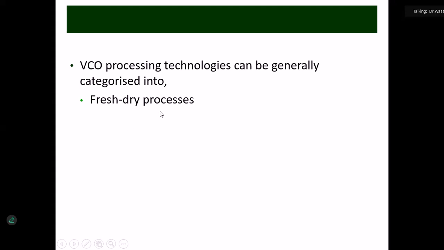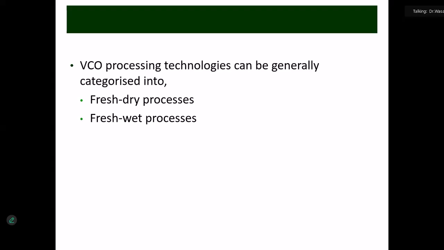Number one, the press dry process, where you use dried kernel. Second one, the press wet process.